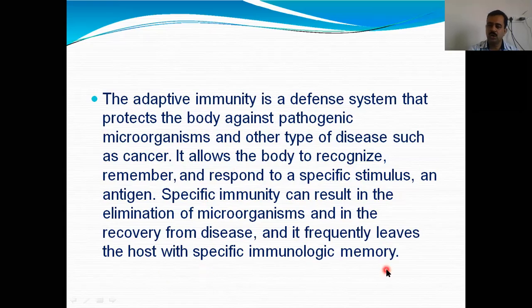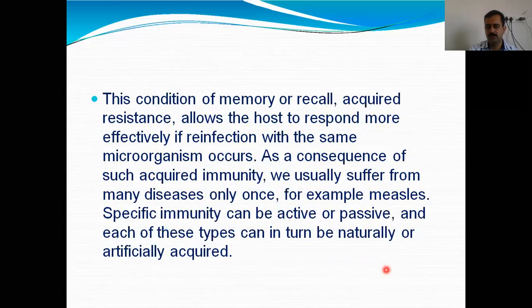This memory, or recall, called acquired resistance, allows the host to respond more effectively to reinfection with the same microorganism. Whenever a reinfection takes place, adaptive immunity is very helpful, as it is specific to that particular antigen only.